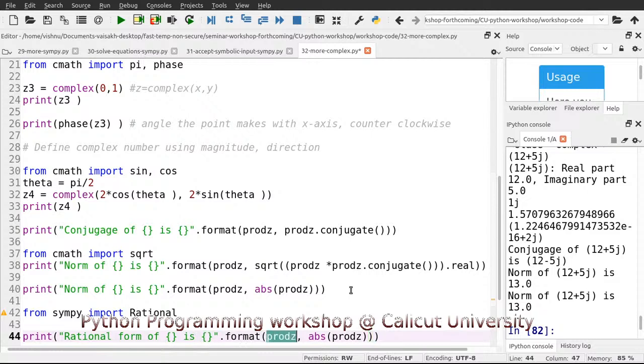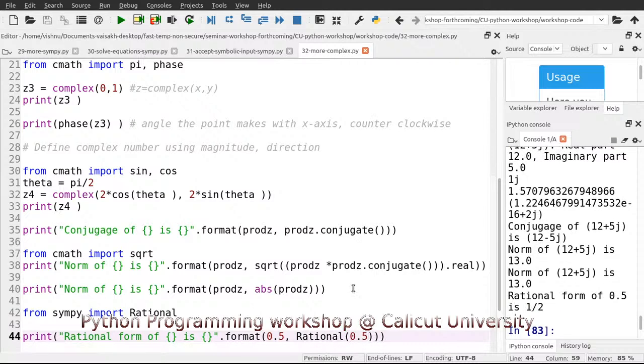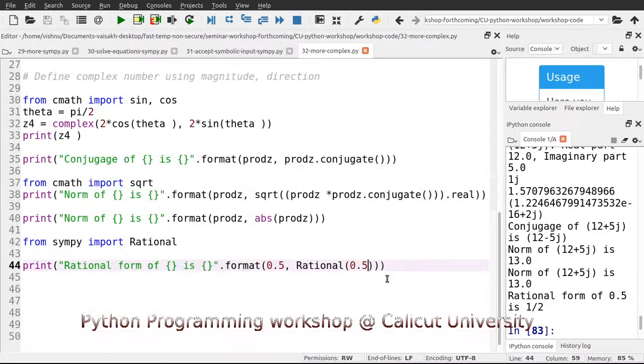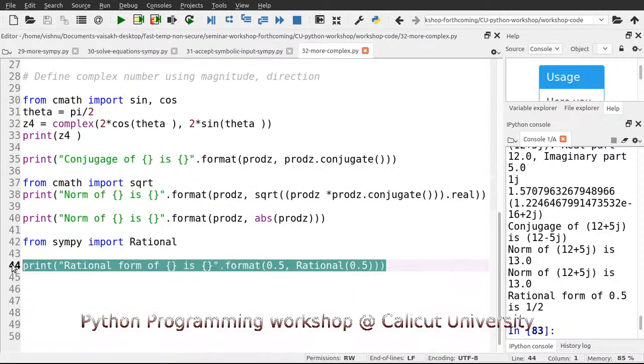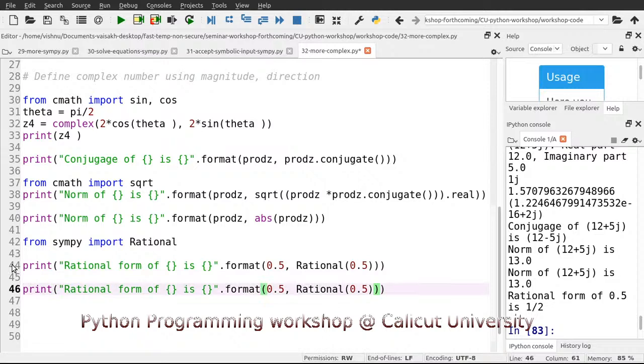Suppose that we have 0.5. So we can do like this. Now, on the other hand, suppose that we are trying to convert pi into rational form.